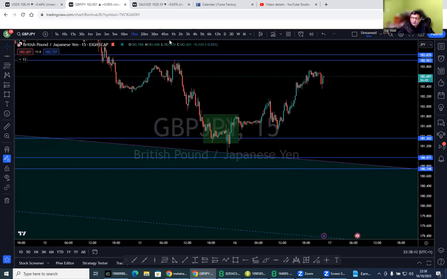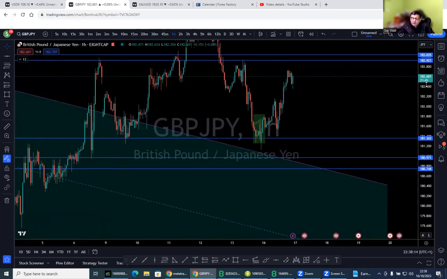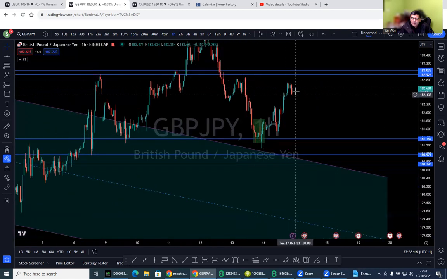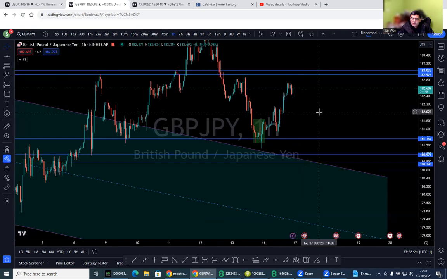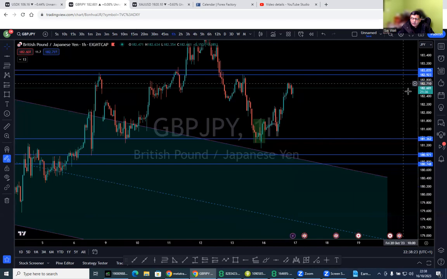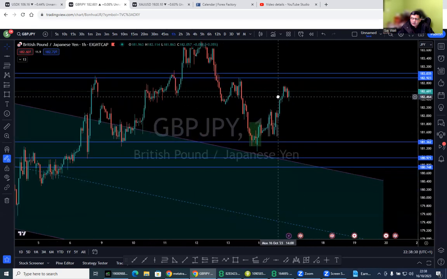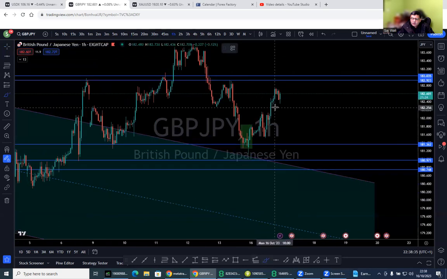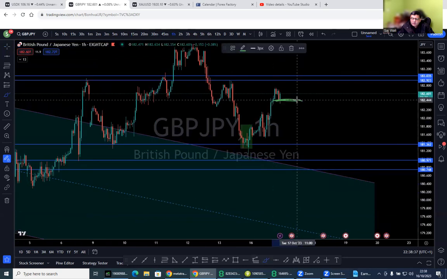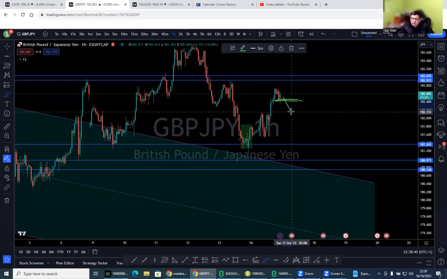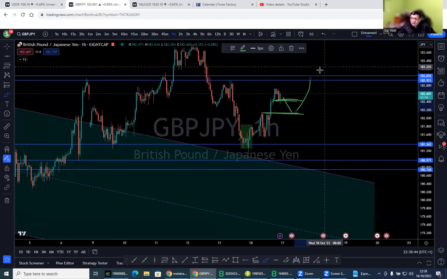So I'll leave it to you, but what's happening in GBP? What can happen now? I'm expecting this to test this level, and maybe if there's a rejection from there, we'll take a sell trade from here. However, here we can see movement at least to here as well, to test this level and go to the upside.